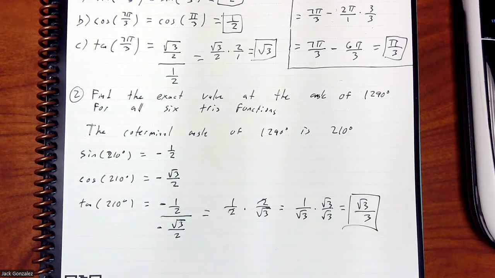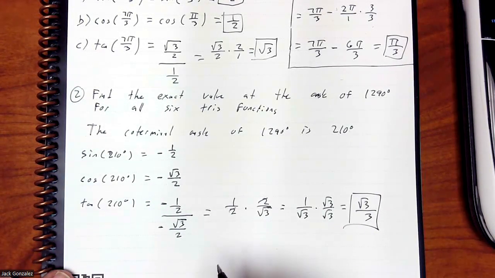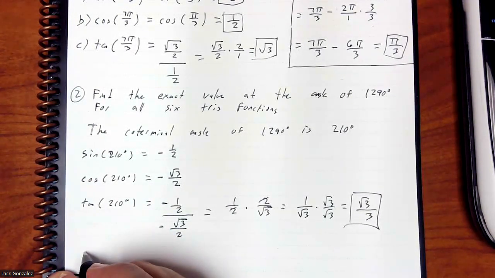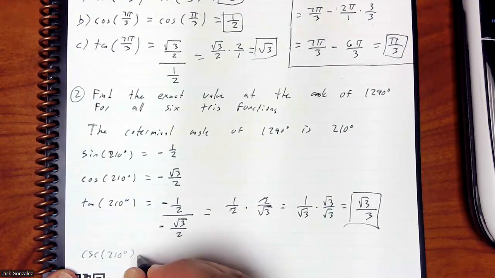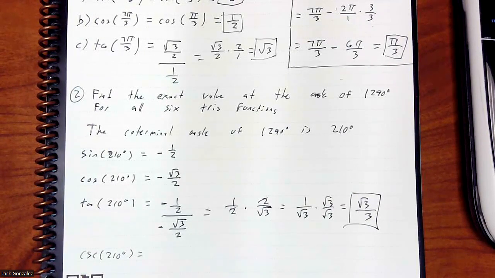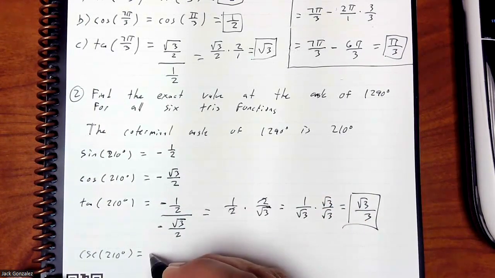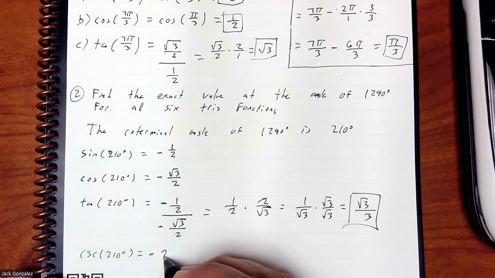Okay. What would be cosecant? It's just a reciprocal of sine, correct? Just flip this guy over. Be negative 2/1, which is 2.